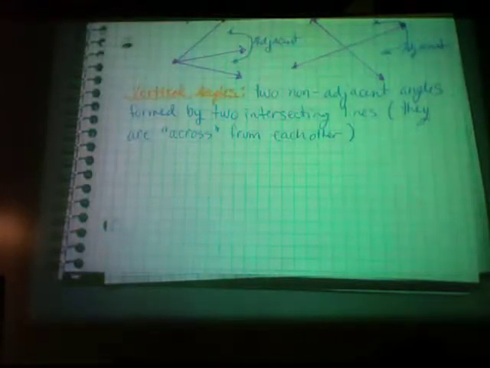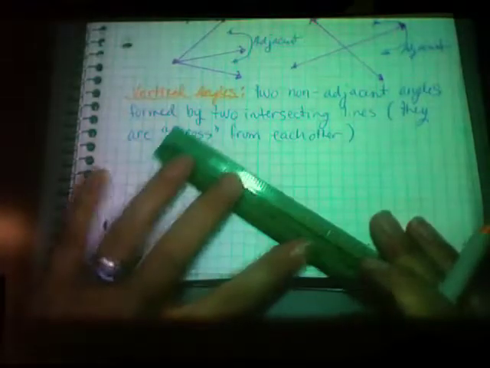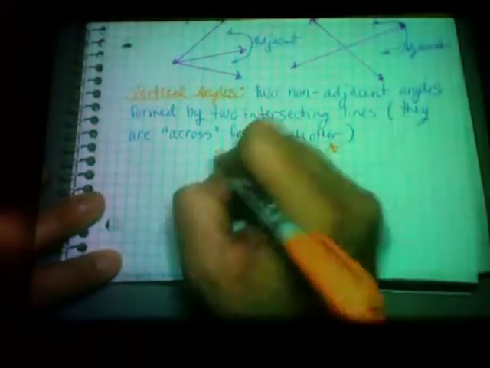And so when we draw two intersecting lines, and again, I don't care how they're tilted, and I'll tilt them differently in a minute. But there's my two intersecting lines again.